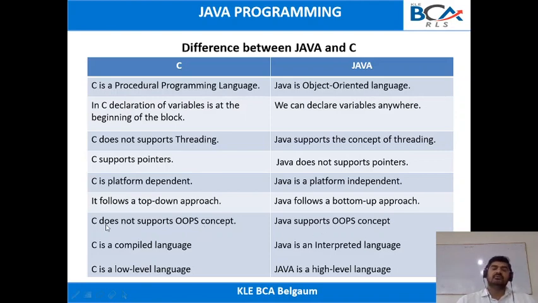In C, we will not be learning about what an object is, what a class is, what inheritance is, or what polymorphism is. These important OOP concepts are not supported in C. Java is an object-oriented programming language, which is based on object-oriented concepts like class, object, inheritance, polymorphism, abstraction, and so on. C does not support OOP concepts. Java supports OOP concepts.